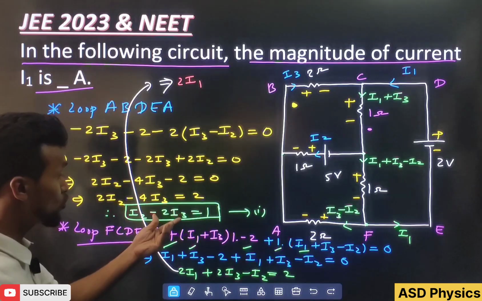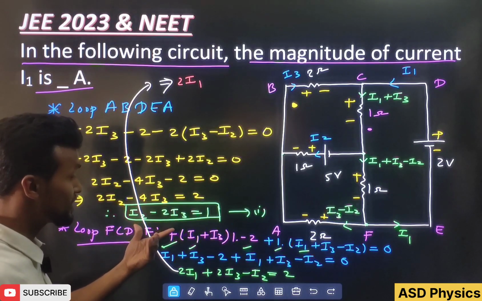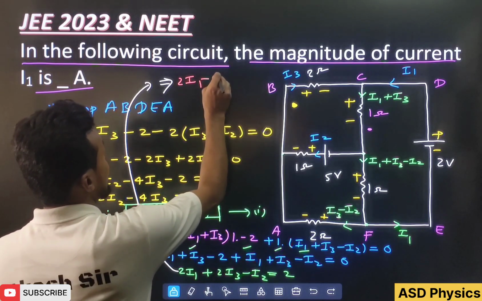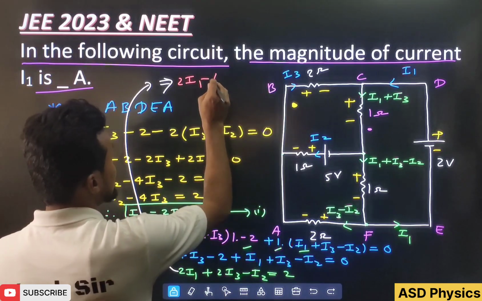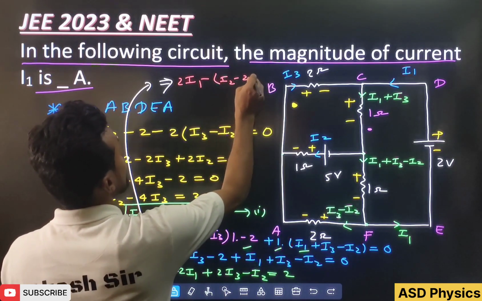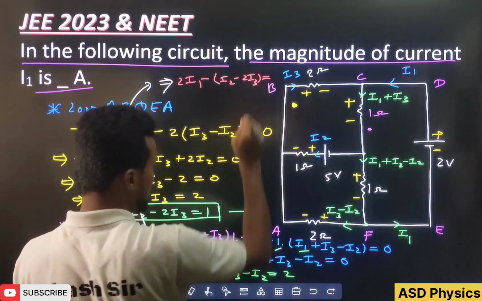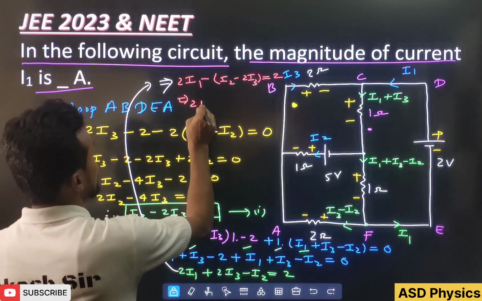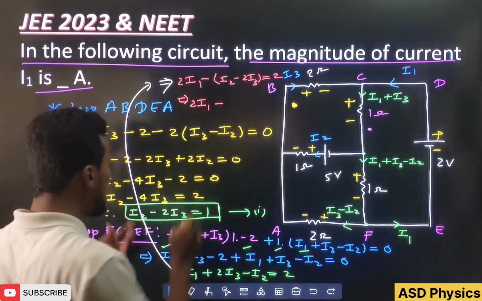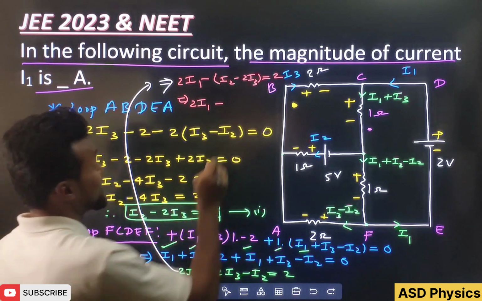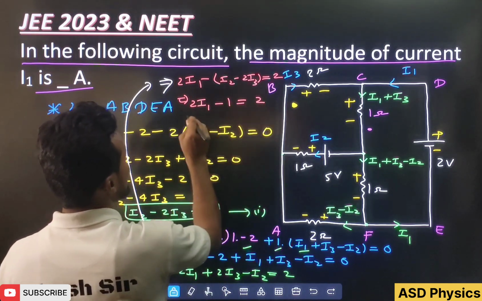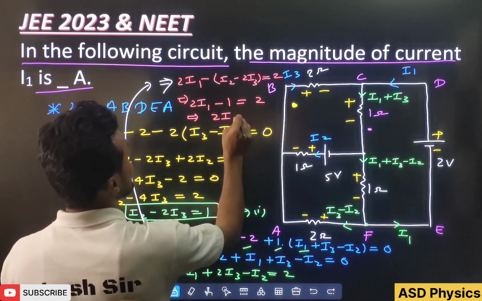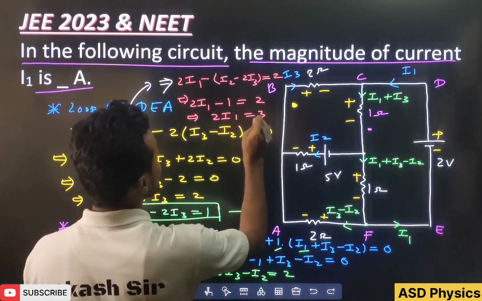If you see from here, 2I3 minus I2, if I put the minus sign, then you can write I2 minus 2I3 is equal to 2. Just simplification. Now see here, 2I1 minus I2 minus 2I3, how much here? See now very well, magic. Minus 1 is equal to 2. Then you can write this 2I1 is equal to 2 plus 1, 3.